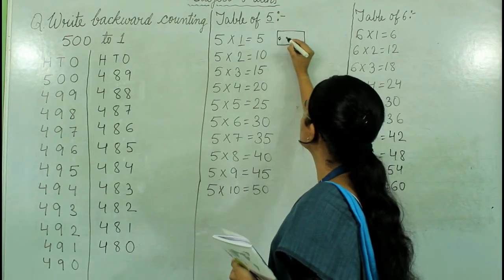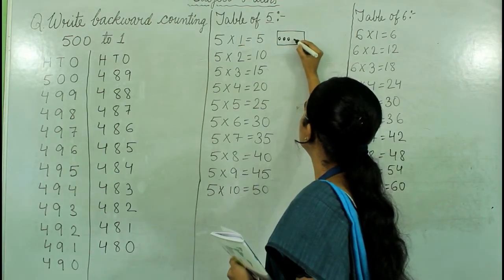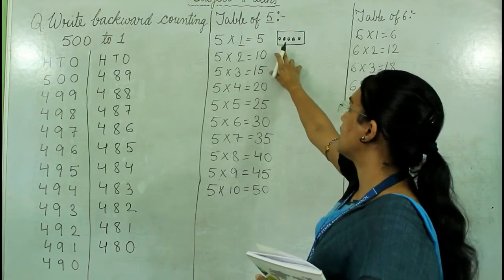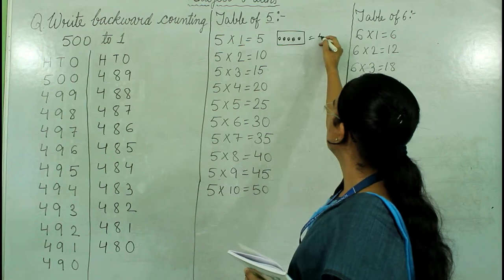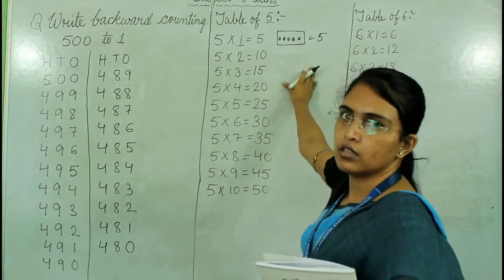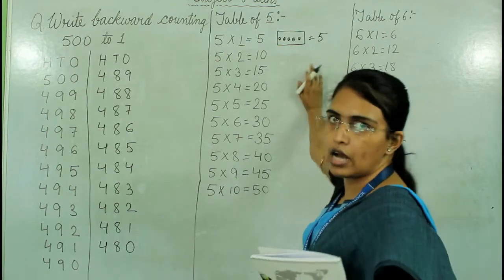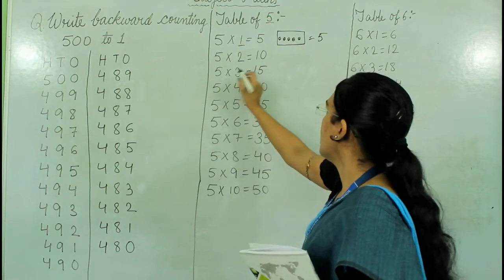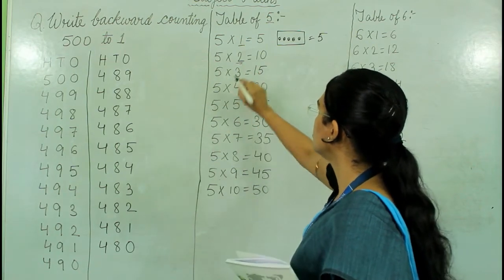So one box, 5 balls. That is 5 ones are 5. There is no other box, so we don't need to add anything. The answer is 5.